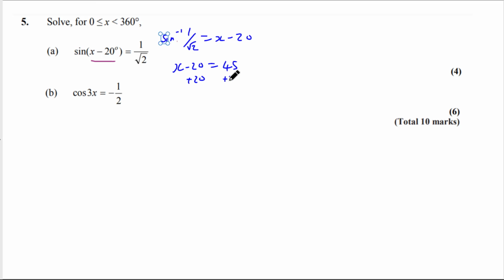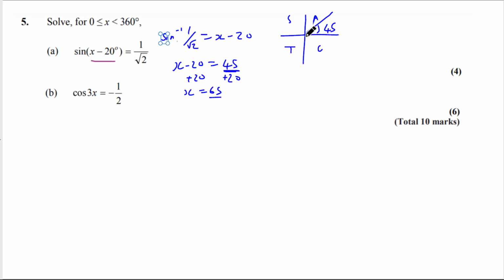We solve that, so we plus 20 on each side, and we get x equals 65 as one solution. Now remember, we need to use this 45 when we're using the cast diagram. So we can see another solution is going to be x equals 180 minus 45 which equals 135.